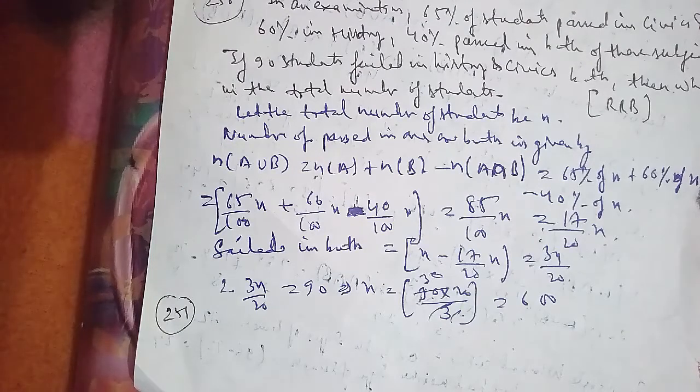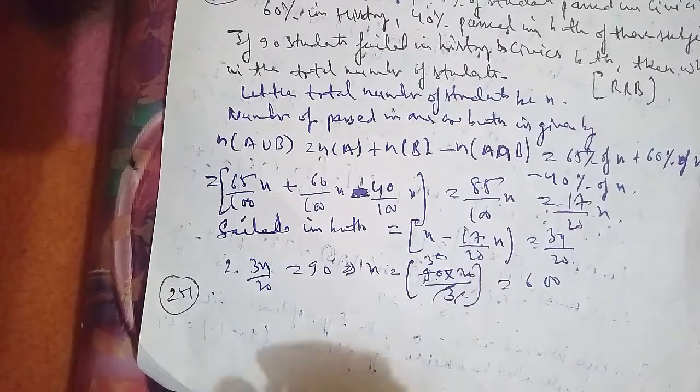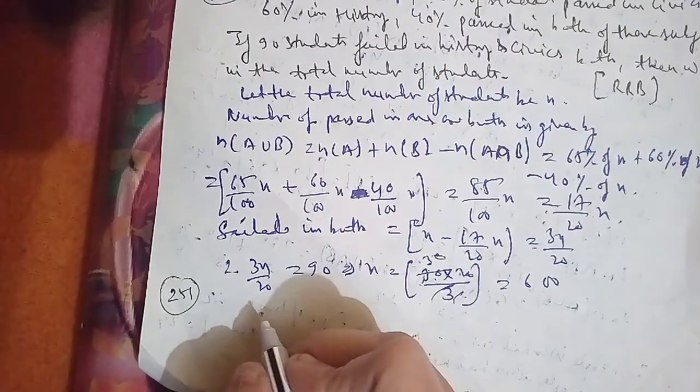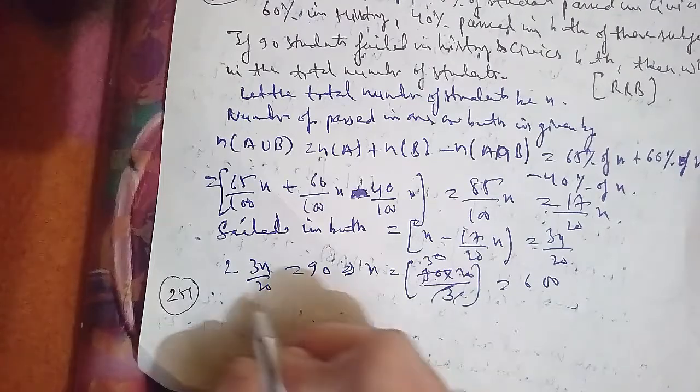If 25,000 candidates appeared at the examination, how many passed in either subject but not in both? The options are 325, 1175, 2125, none of these. We go ahead.